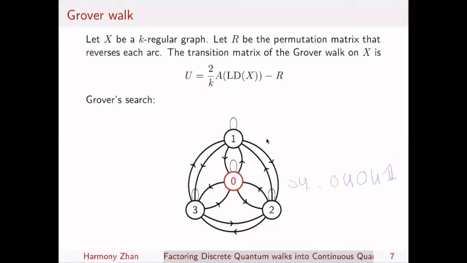And Grover's algorithm says that after about square root n steps, where n is the number of vertices, the final state is gonna concentrate on all the outgoing arcs of the red vertex only. So that means with certainty, I will find out that marked vertex. Now, in a classical algorithm, it takes O of n steps to find this marked vertex. So that is a quadratic speedup.